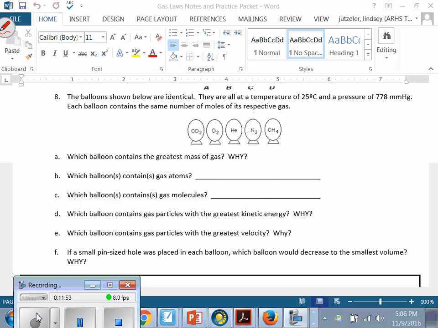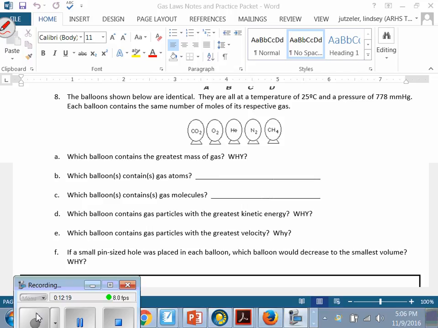Alrighty, last question. You have 5 balloons shown below. They're all identical. They're at a temperature of 25 degrees Celsius and a pressure of 778 millimeters of mercury. And each balloon contains the same number of moles of a gas. So you have carbon dioxide, oxygen, helium, nitrogen gas, and then that CH4 is methane.